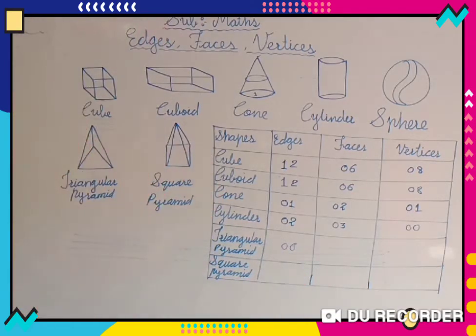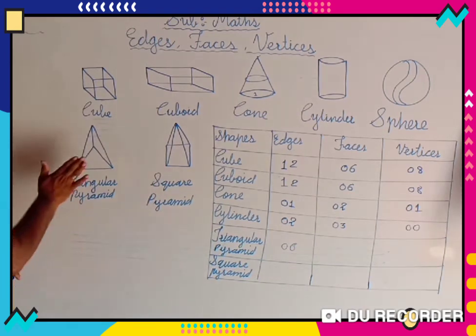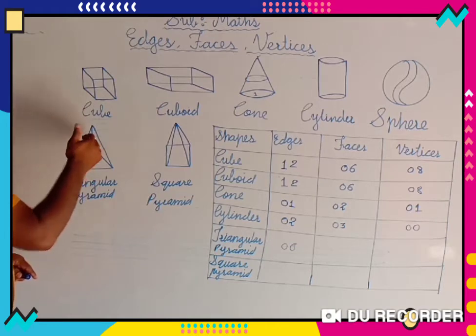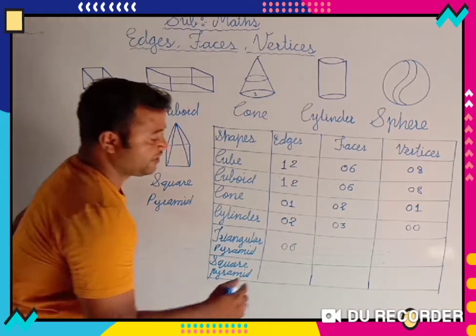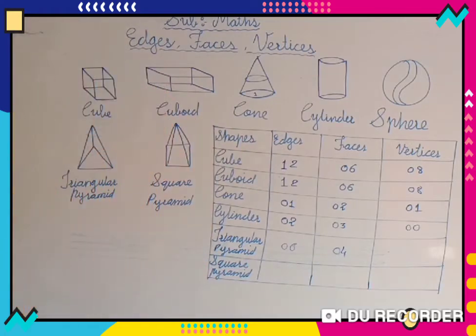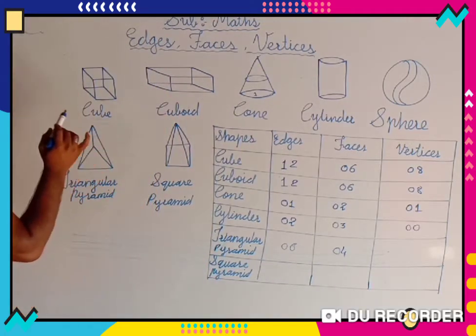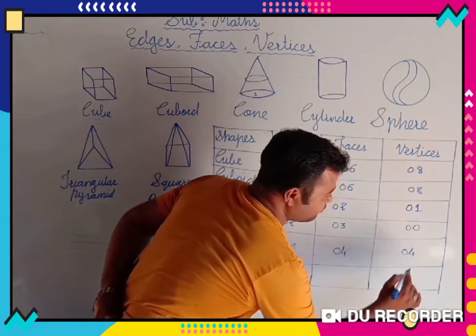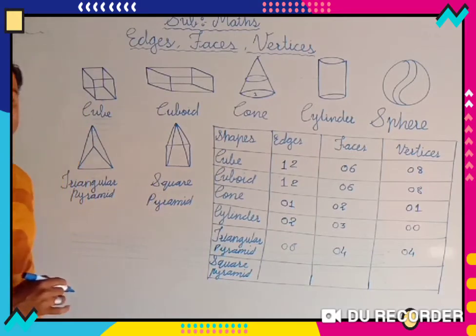Number of faces: this is 1, this is 2, this is 3, and behind 1 that is 4. And the number of vertices is also 4: 1, 2, 3 and 4. So it has 6 edges, 4 faces and 4 vertices.